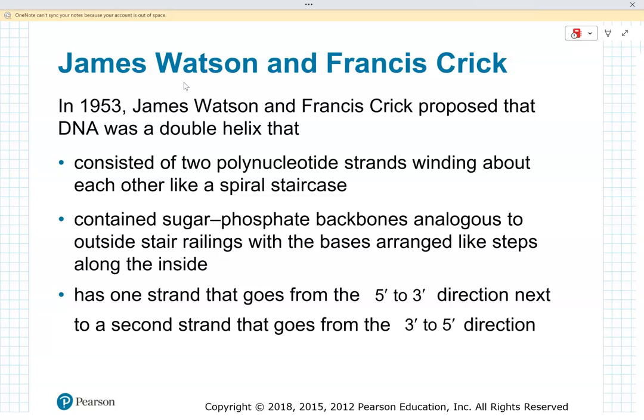They had another scientist called Rosalind Franklin, female scientist, and she analyzed DNA molecules using X-ray crystallography, X-ray diffraction. And by the results, she said that DNA molecule must be a double helix.